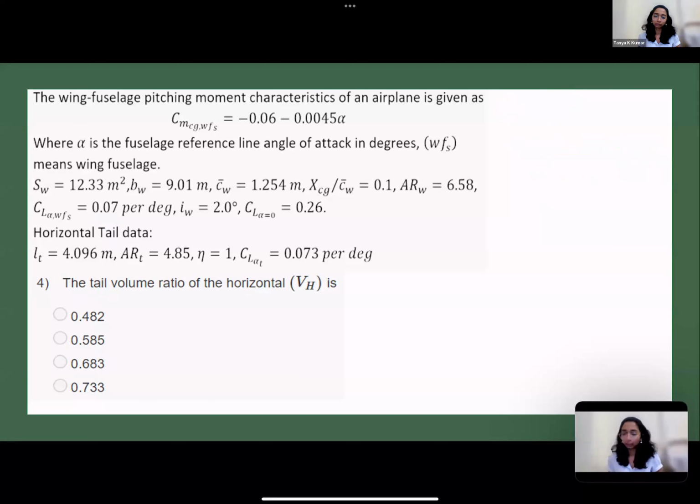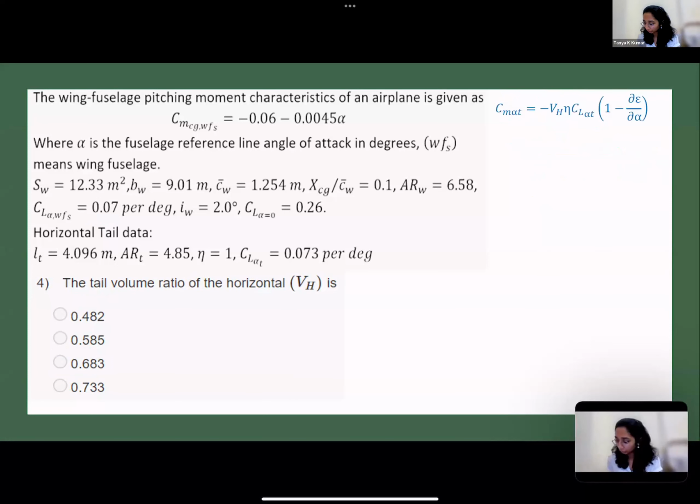What was the equation for VH? Horizontal tail volume ratio. So the equation was ST upon S, LT upon C bar. Since we don't have these values, we use something else to find out.